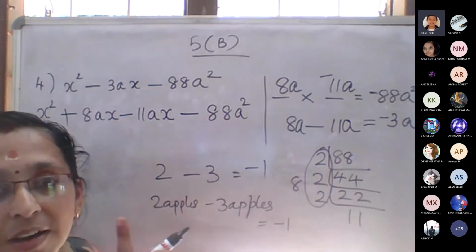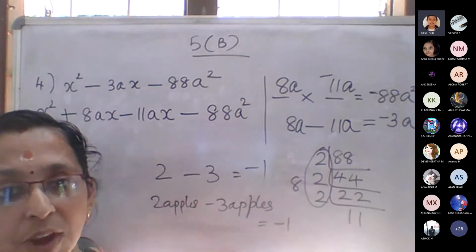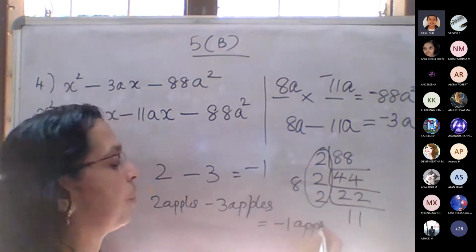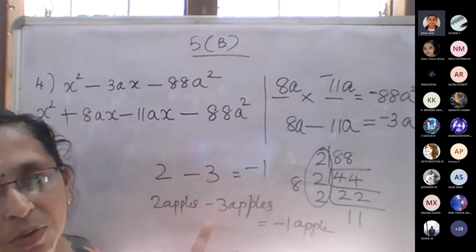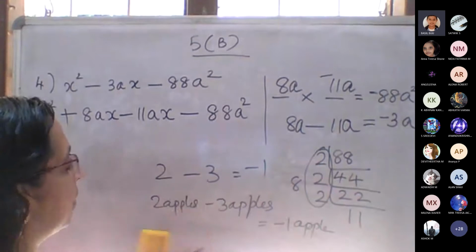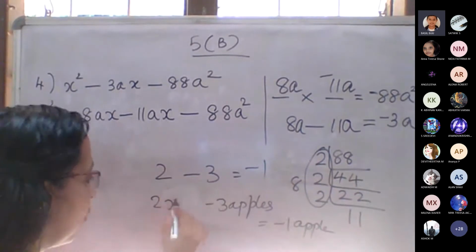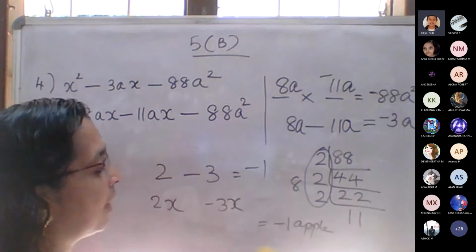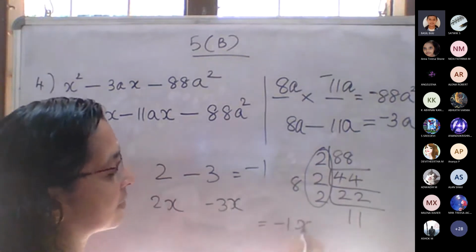You have to say the apple itself. In the same way, instead of apple, if you replace it with x or y, anything, the same thing will come in the answer, negative 1x.